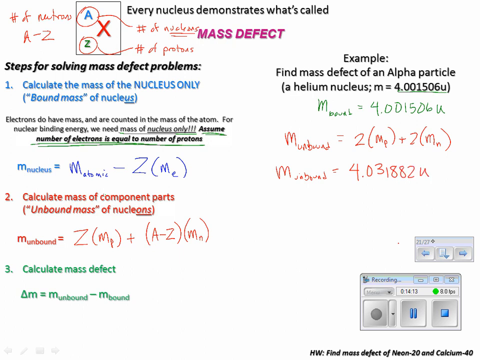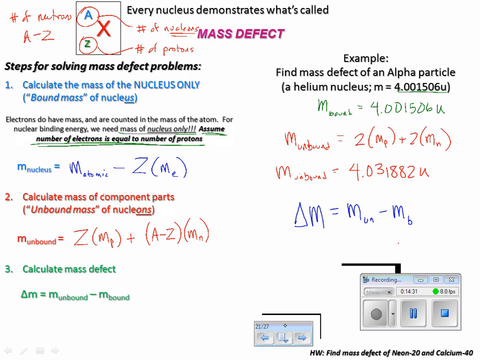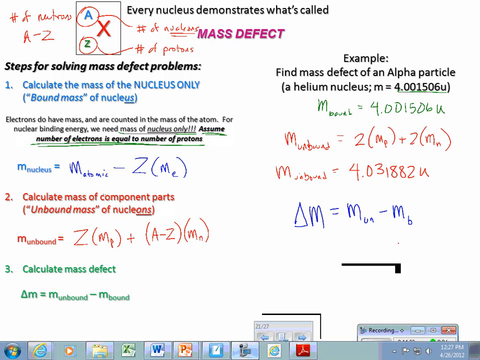I get 4.031882 unified mass units. So if we want the mass defect, what we call delta M, that's going to be mass unbound minus mass bound. Delta M is, let's see, minus 4.001506.